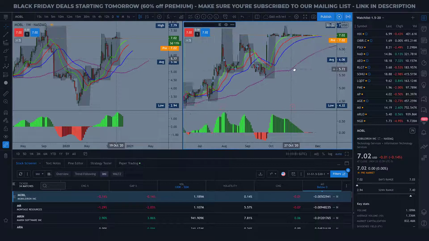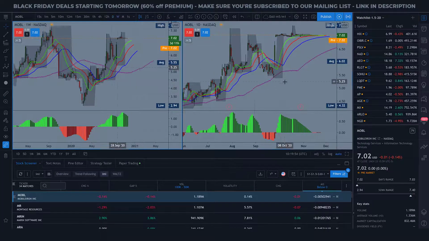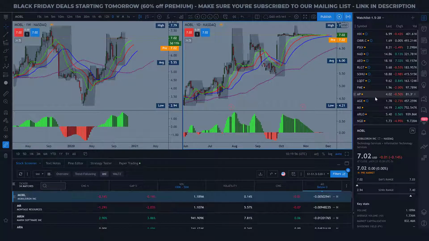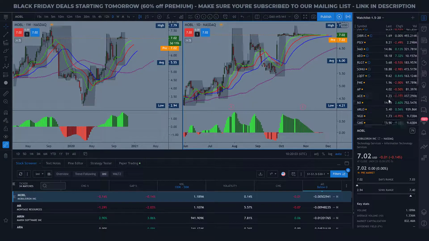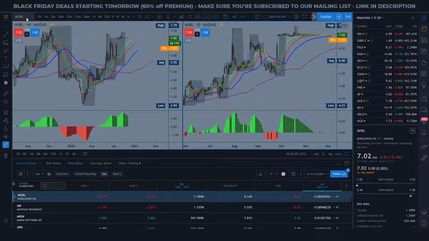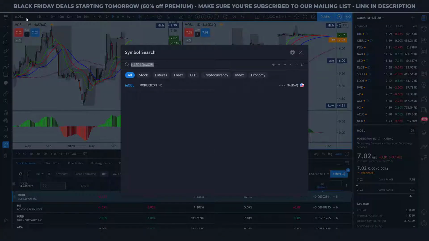Okay, I had a PO on SQ yesterday. It went live on my paper account. What's SQ? That's Square Inc. something. So the ticker name, yeah, the ticker is SQ.